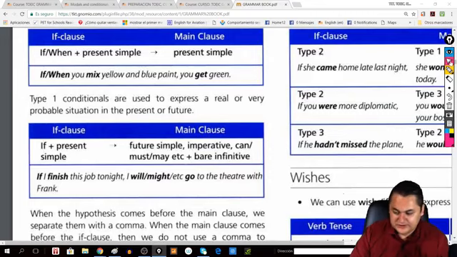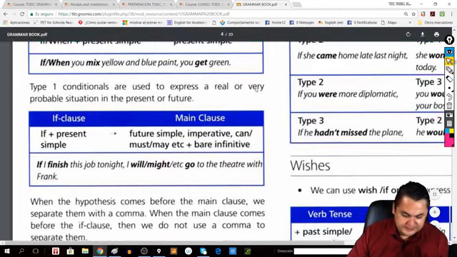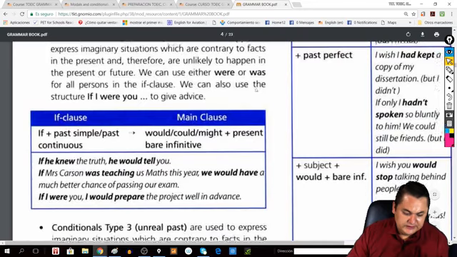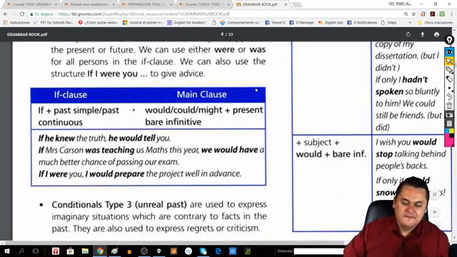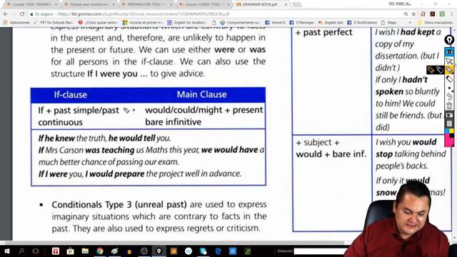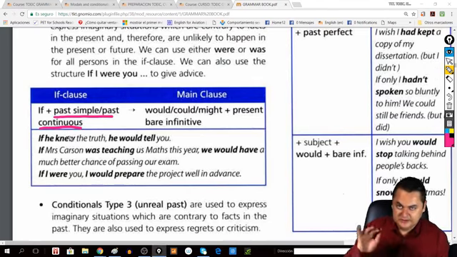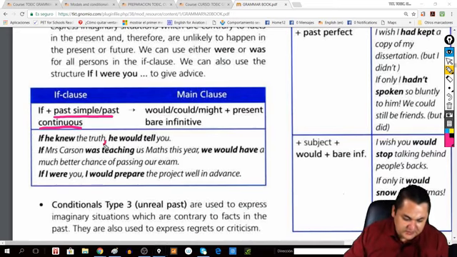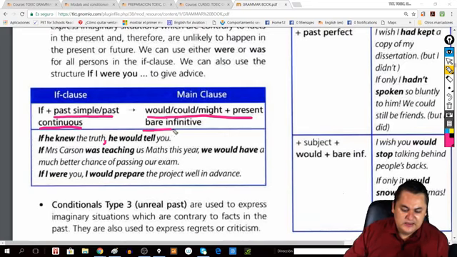The other conditional form we need to pay attention to is this one. If the first part of the sentence is in past simple or continuous, most commonly simple, the part after the comma needs a modal verb.